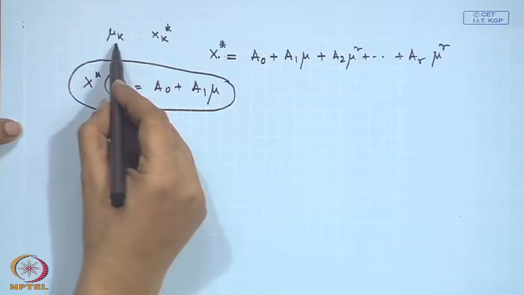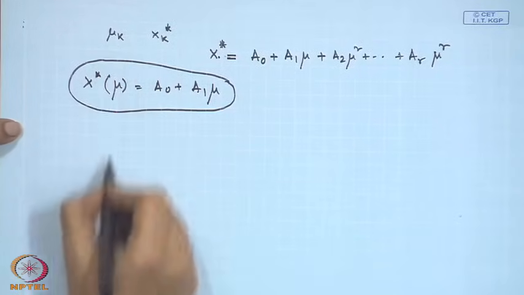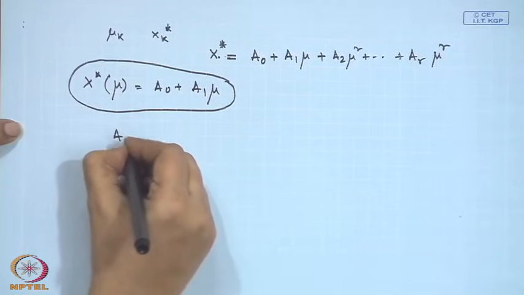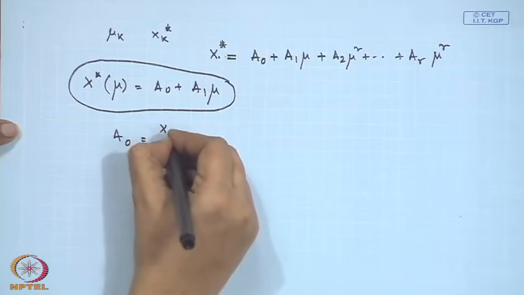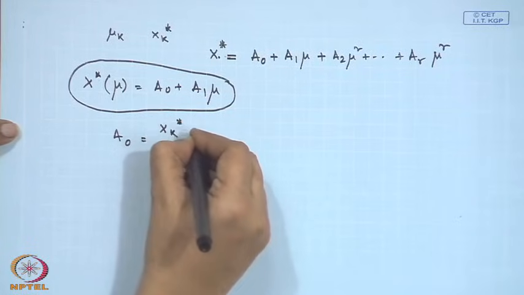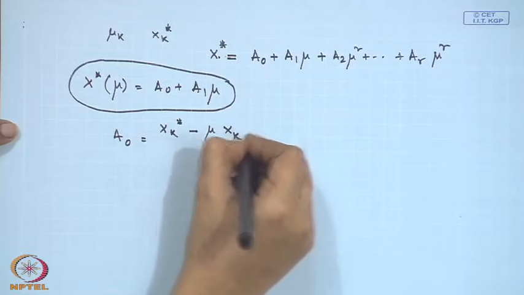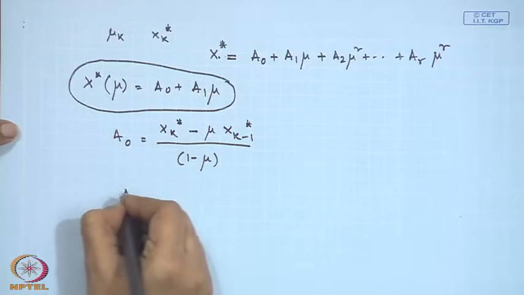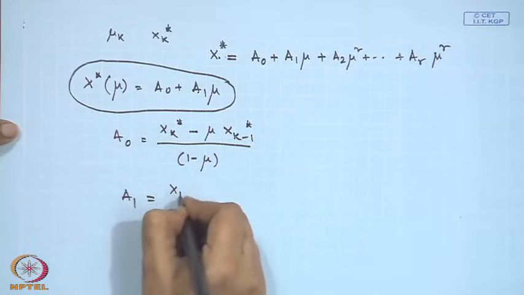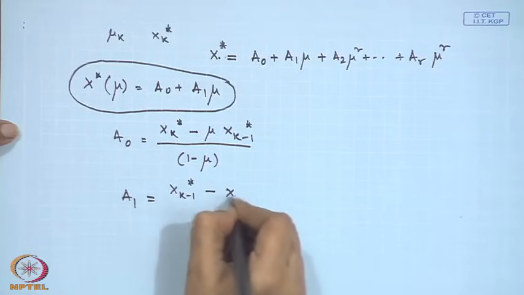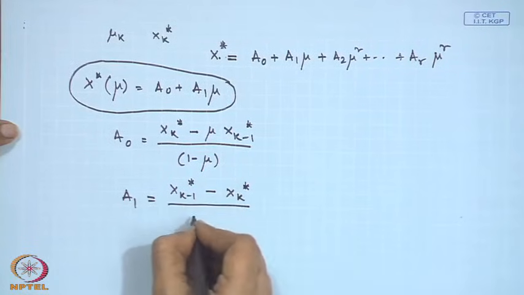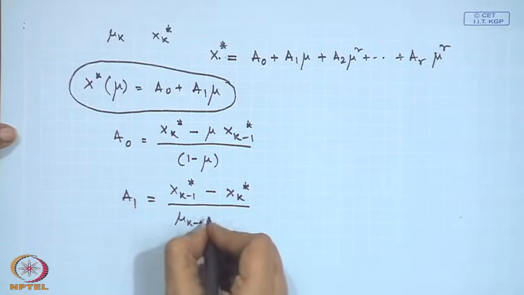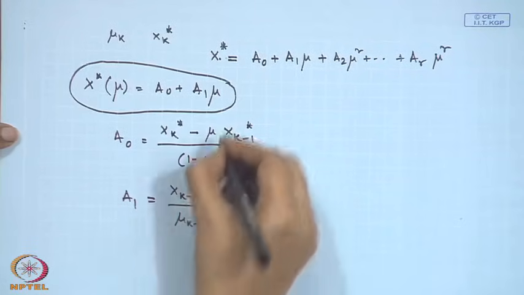Then we will get k number of equations with k number of unknowns, and from here we can find the value of a0 as x k star minus c times x k minus 1 star divided by 1 minus c, and a1 as x k minus 1 star minus x k star divided by mu k minus 1 minus mu k. These are all c.